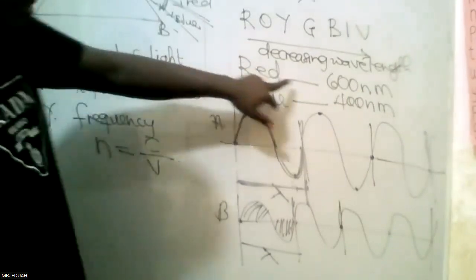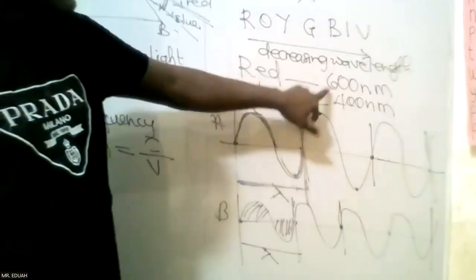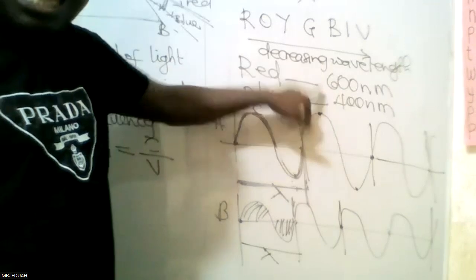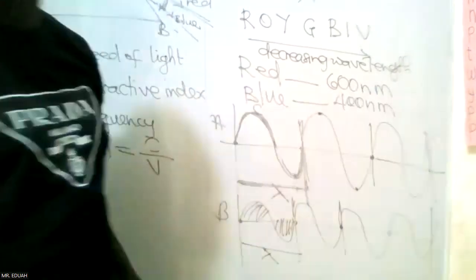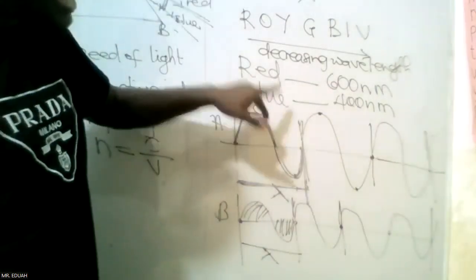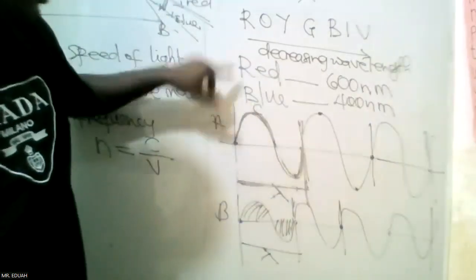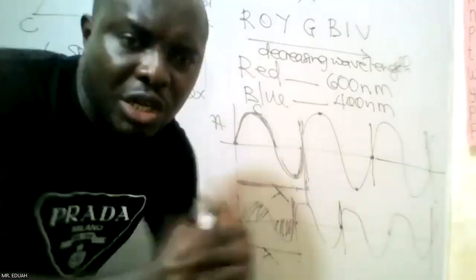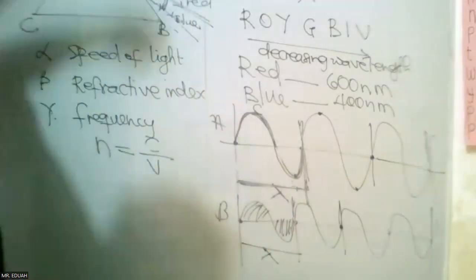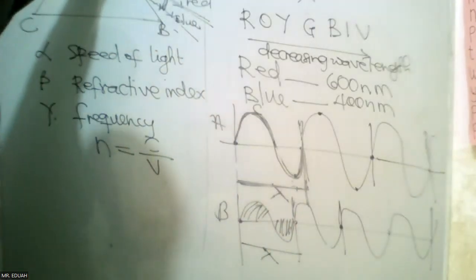Now, look at red light. Red light has a wavelength of 600 nanometer. Blue light has a wavelength of 400 nanometer. Which of these two has a shorter wavelength? Blue.